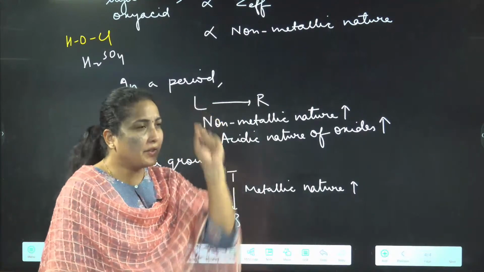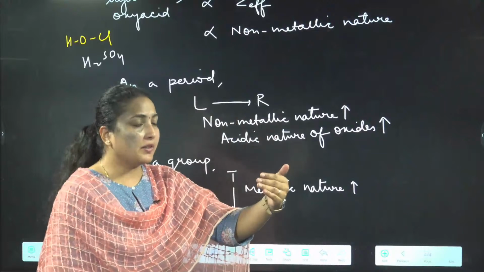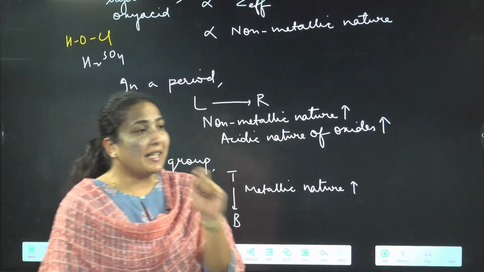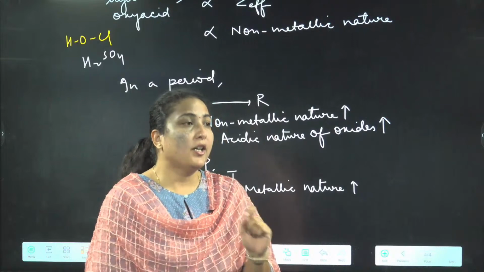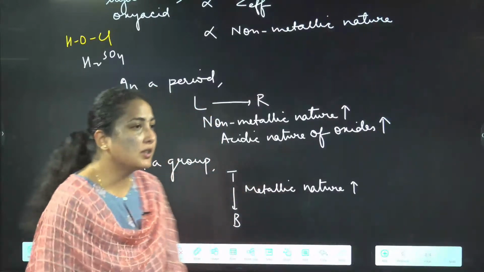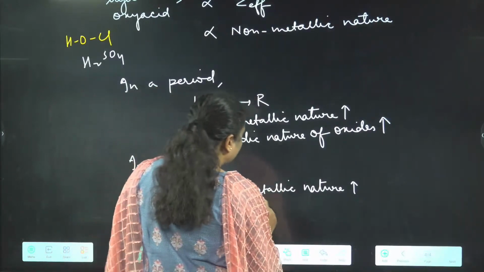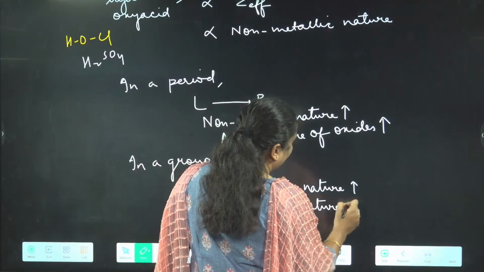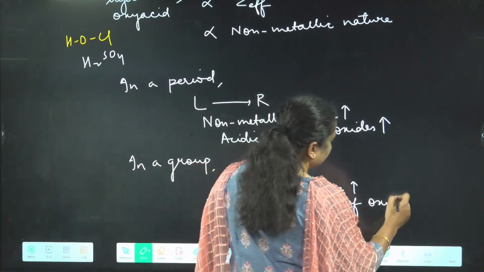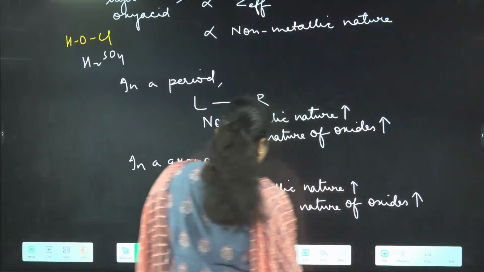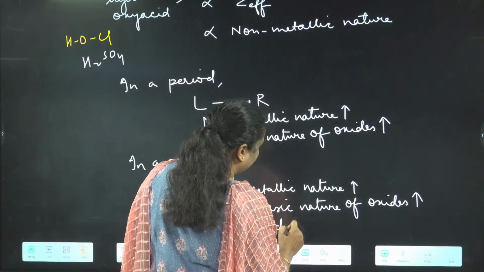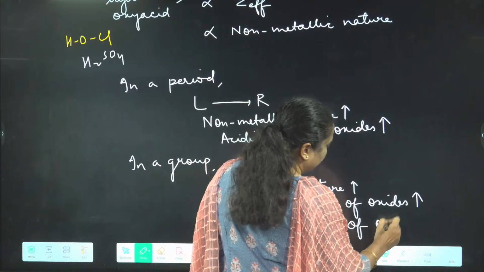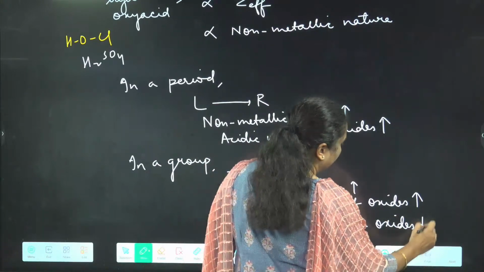When I talk about electropositivity, it is the characteristic of a metal. So that's how we say the metallic nature is increasing. If metallic nature is increasing, then the basic nature of oxides will increase, and the acidic nature of the oxides is going to decrease.